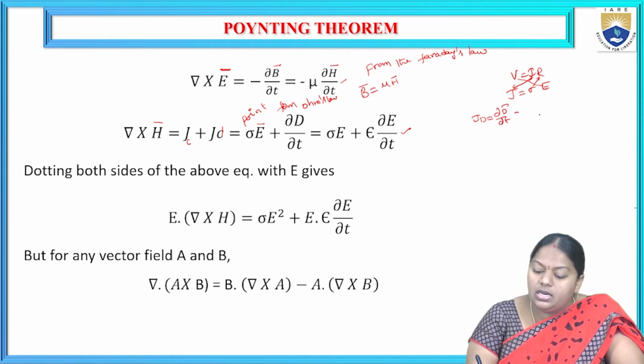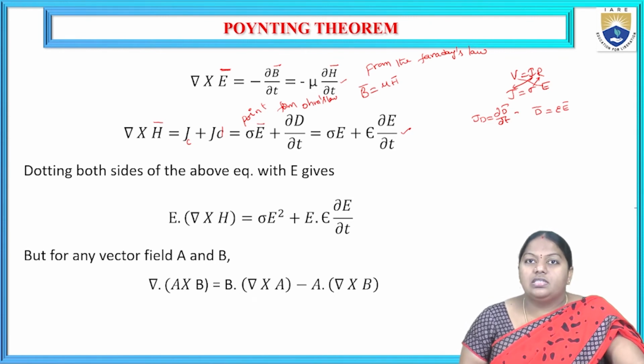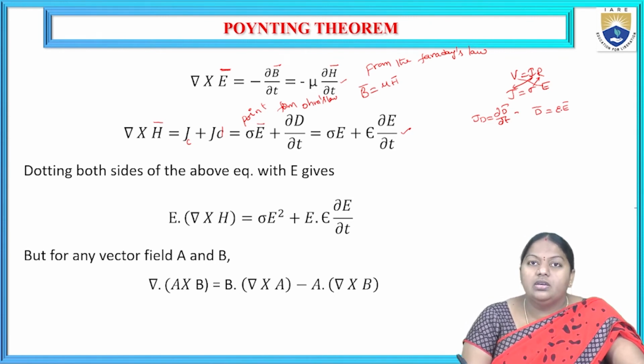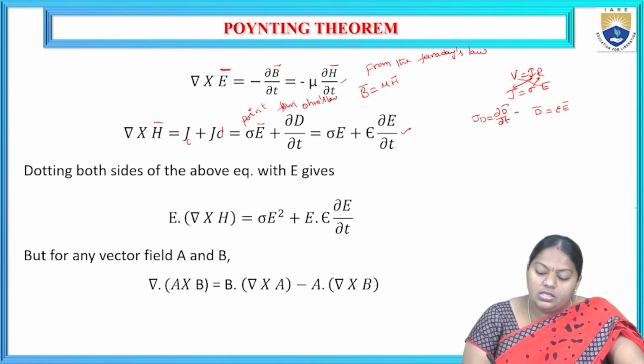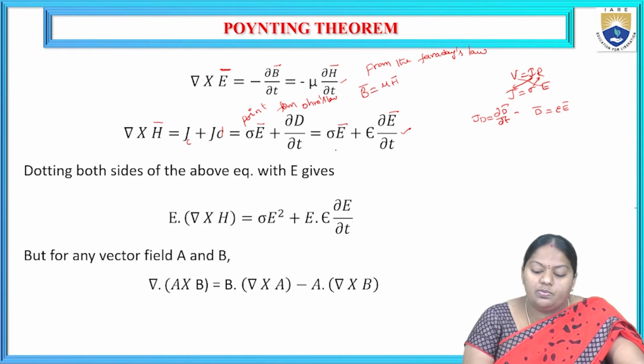As we know, the D and E relation is D bar equal to epsilon into E bar, where D bar is electric flux density, epsilon is permittivity of the medium, and E bar is electric field intensity, right? So now if you substitute D bar by epsilon into E bar, then sigma into E bar plus epsilon into dou E bar by dou t. Okay, so del cross H bar is equal to sigma into E bar plus epsilon into dou E bar by dou t, right?